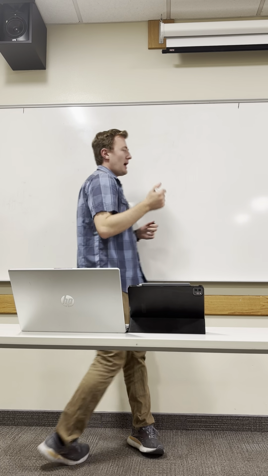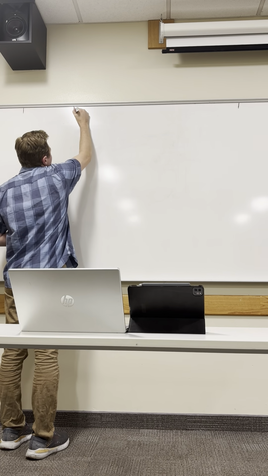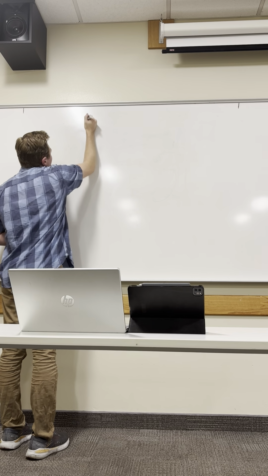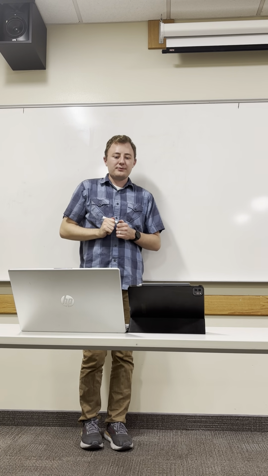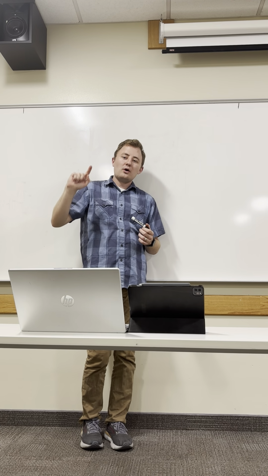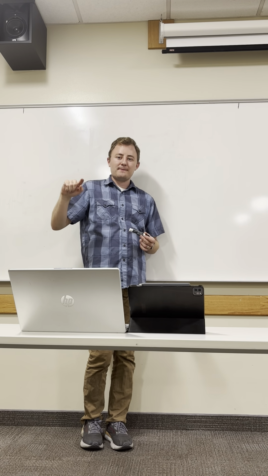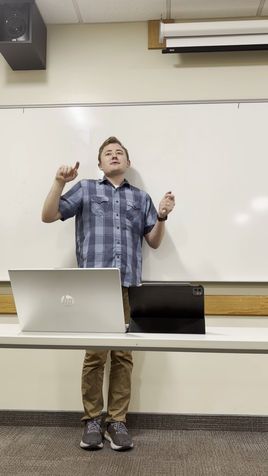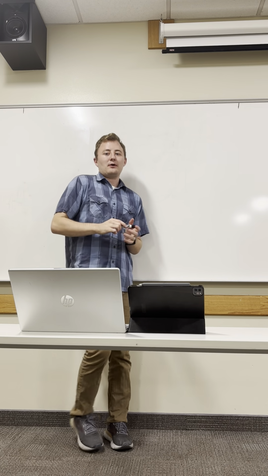Now let's talk about the parasympathetic nervous system. In our parasympathetic nervous system, we only have one type of release and receptor system.